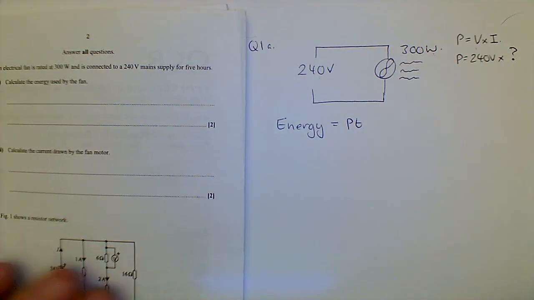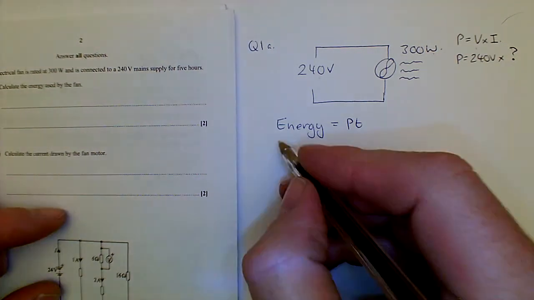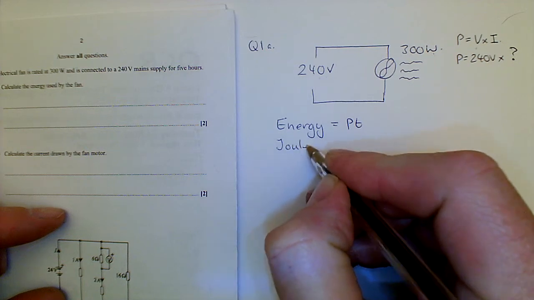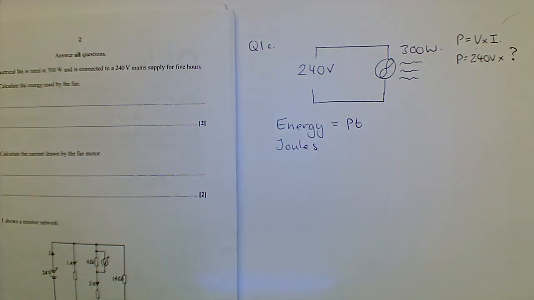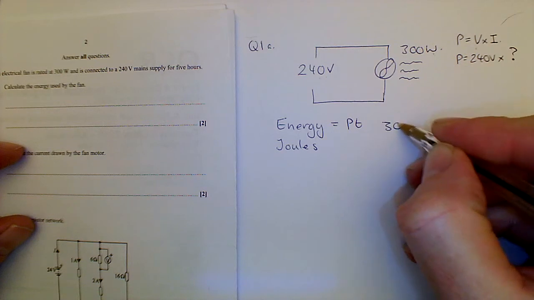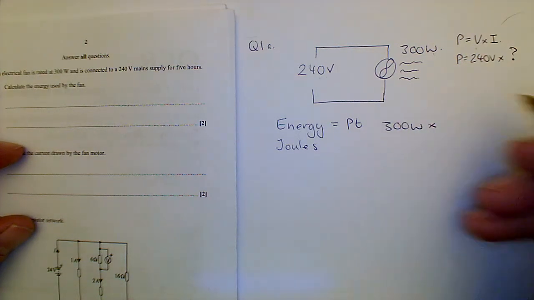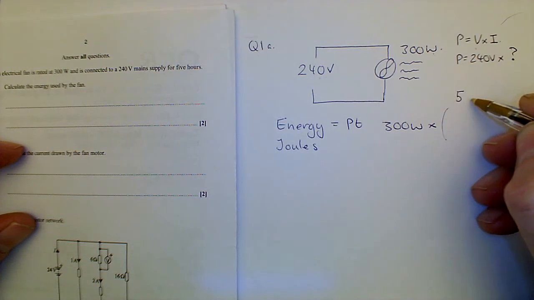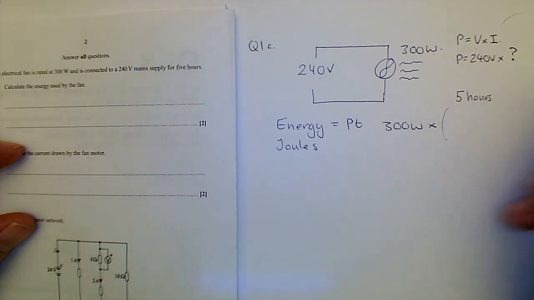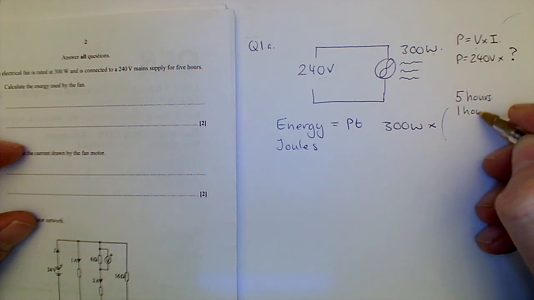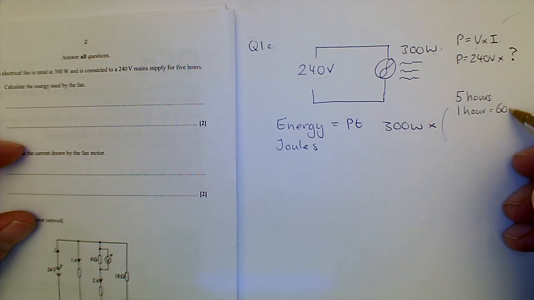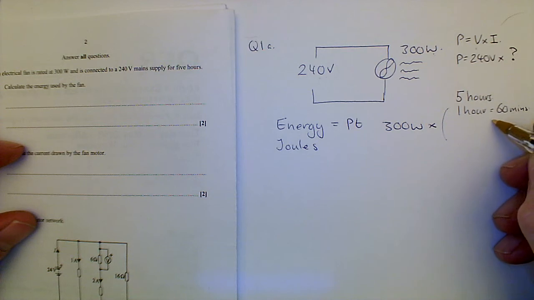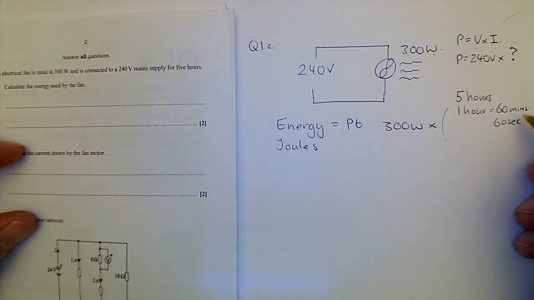Now energy, as you'll know from science, is in joules. So if we look at what power we've got: 300 watts times, let's just take a second, pun intended, 5 hours. Well, 1 hour equals 60 minutes, and that's 60 seconds. 6 6s are 36, so 1 hour is 3,600 seconds.